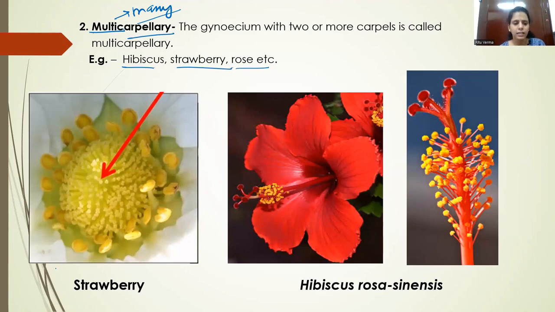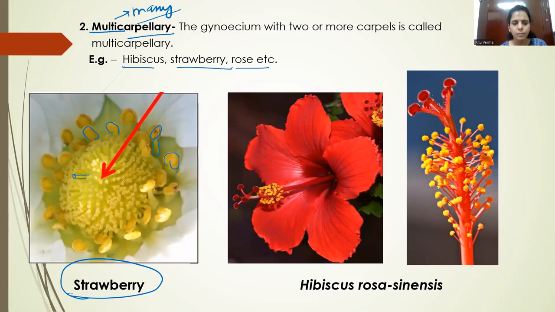Now here you can see in this picture, this flower is of strawberry. On the sides you can easily make out anther and filament. Right now only the anther is visible. In this picture you can see the filament also. And in the center, you can see there are so many pistils or carpels present. This one is the stigma and style.